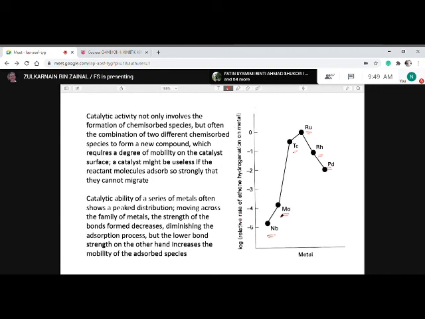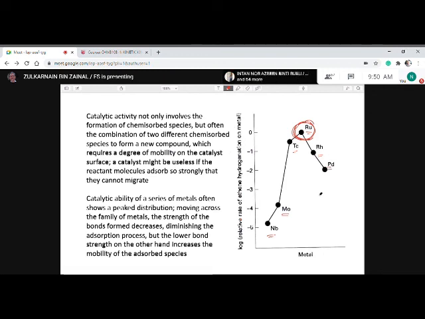Molybdenum is a little higher than niobium, but the highest one is for ruthenium. For ruthenium, the adsorption can occur, but not so strongly on the surface. It allows the diffusion to occur, and with diffusion, the reactants can meet each other at the sites for the reaction to occur.